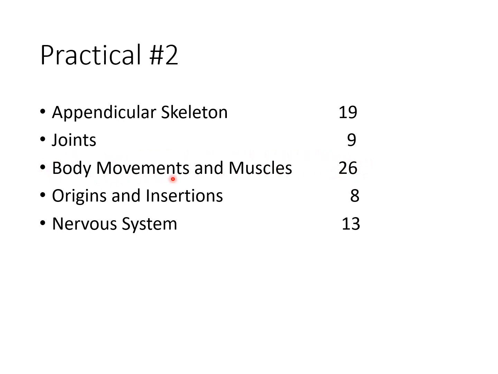There will be 8 origin and insertion questions. Really, it's only going to be 4, but each question is going to be worth twice as much as the other questions, because part of it, you're going to have to know the origins, insertions, that's 1, and then demonstrate the actions.